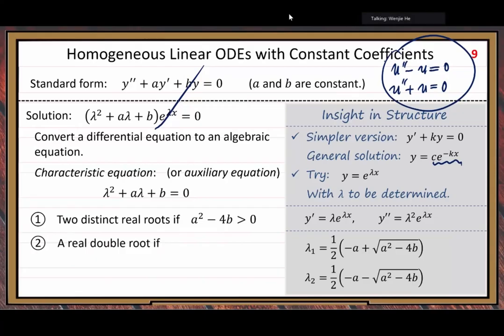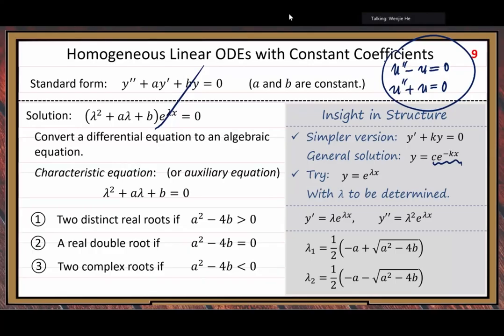The second case: a real double root, then a squared minus 4b must be 0. Third, complex roots, where a squared minus 4b is less than 0. So there are these three cases, and we need to write out the solution form for these three cases.